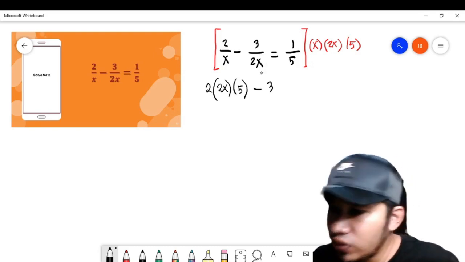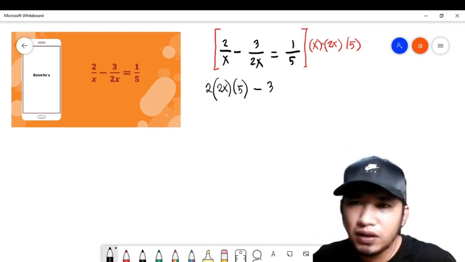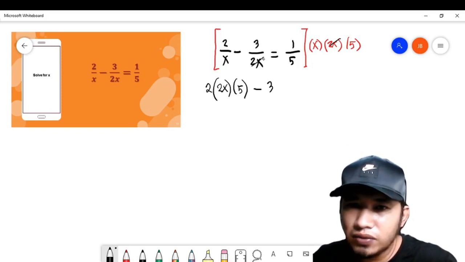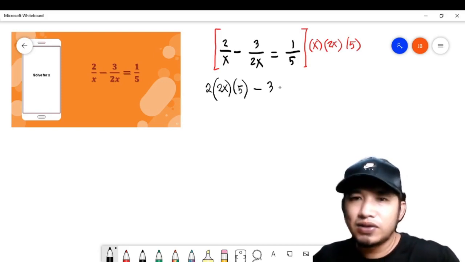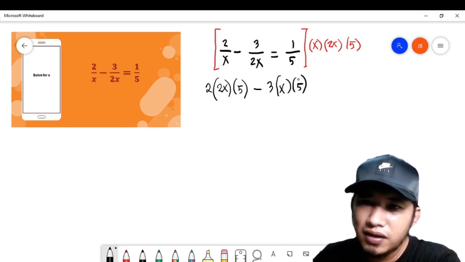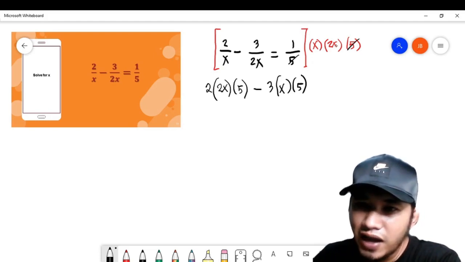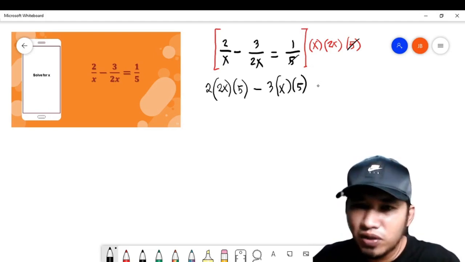So, si 2x may kamuka. Okay. So, cancel natin si 2x. Okay. So, ang natira ay si x at saka si 5. No. So, yun ang i-multiply natin kay 3. X and 5. Okay. Cancel 5. Cancel 5. Okay, natira is x and 2x. Yun ang i-multiply natin kay 1.